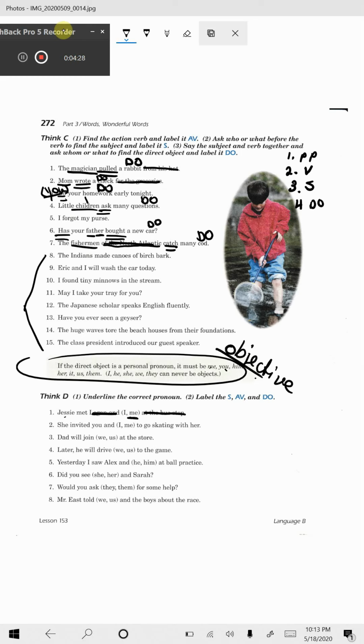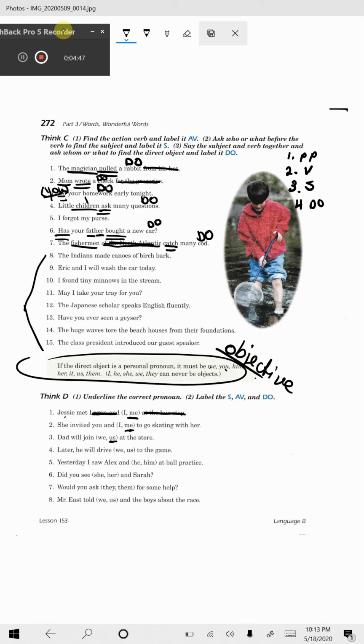She invited you and I or me. She invited me. Dad will join we or us at the store. Dad will join us. Me, you, him, her, it, us, you, them. Later, he will drive we or us, us. Later, I saw Alexander and he or him. Get rid of Alex.